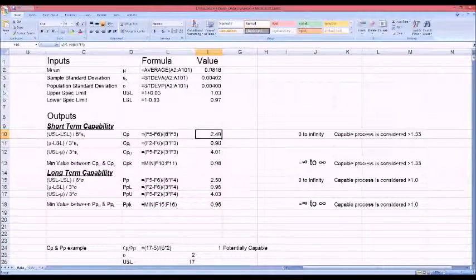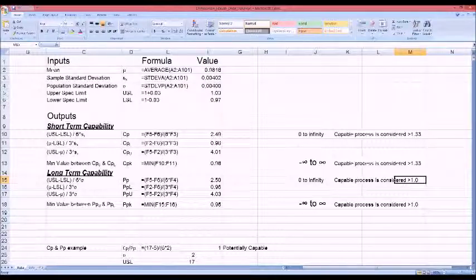And because your PP and PPK are normally lower, the magic number for that is 1 instead of 1.33. And again, these magic numbers depend on the industry. In the medical industry, that's actually 2.0 for CP and CPK, and 1.5 for PP and PPK. 1.33 and 1 are typical; you'll see those in automotive and several other industries.